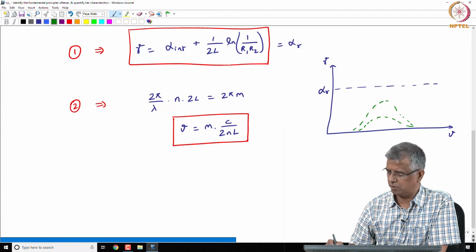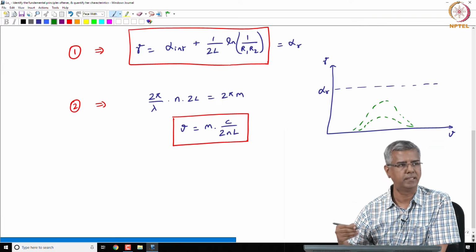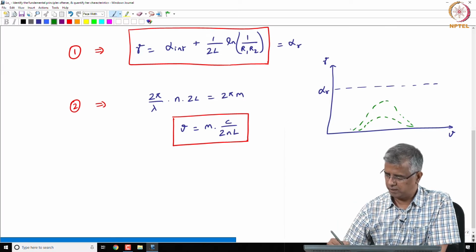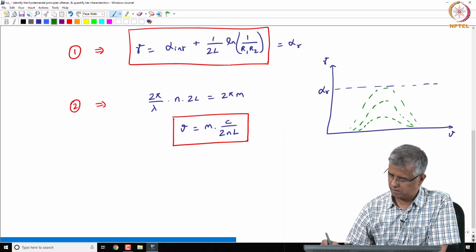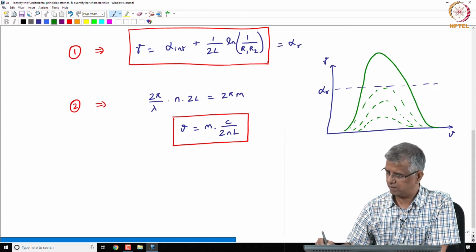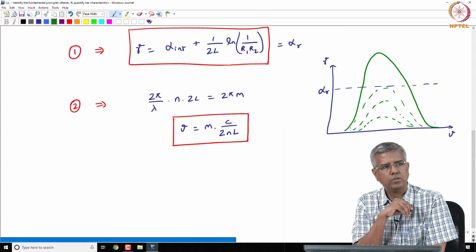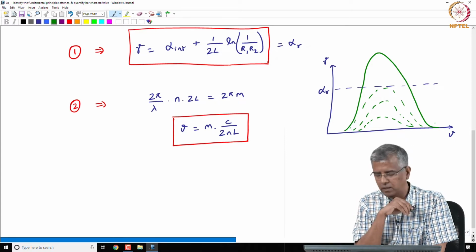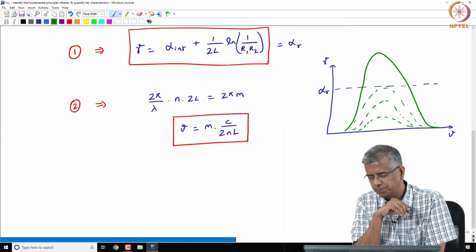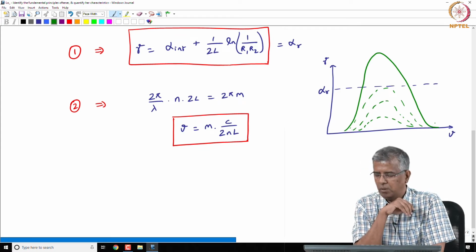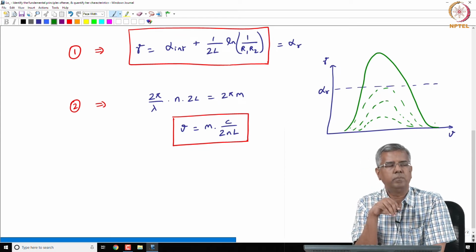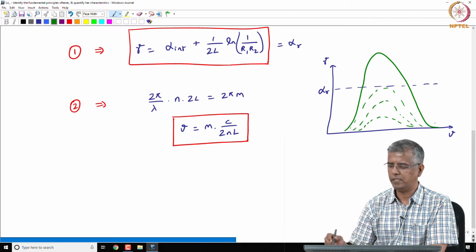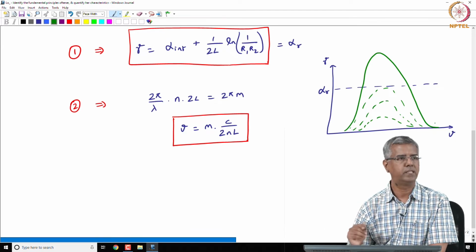As you increase your pumping rate, your gain is going to pick up, and beyond a certain point you are going to have sufficient gain to overcome the losses in the cavity, right. But that still does not mean that all these frequencies exist in the cavity.